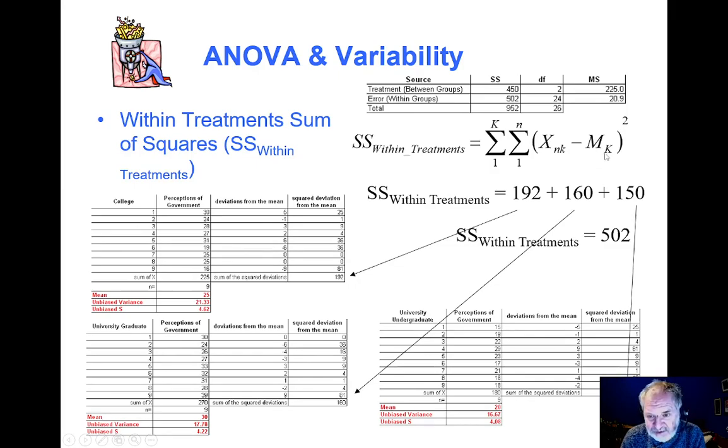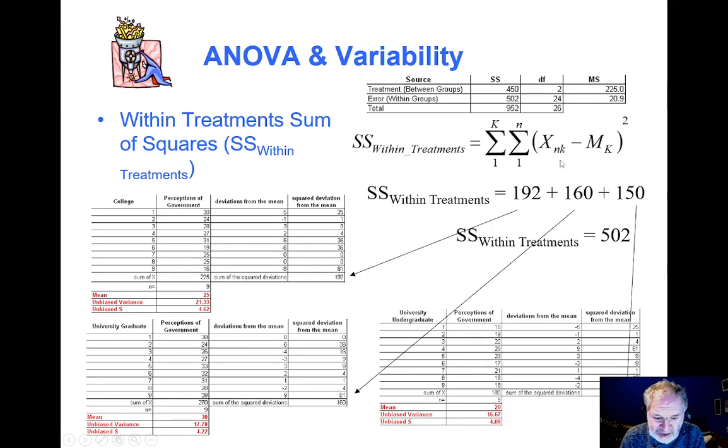I have 3 groups. I'm doing it with the college students here. I flip around a bit. So the mean for the college students is 25. I have N_K here. I take each student in the college group and subtract from that student's score on the scale the mean of 25 for that specific group. Square it, and then continue on and do that for all 9 people.